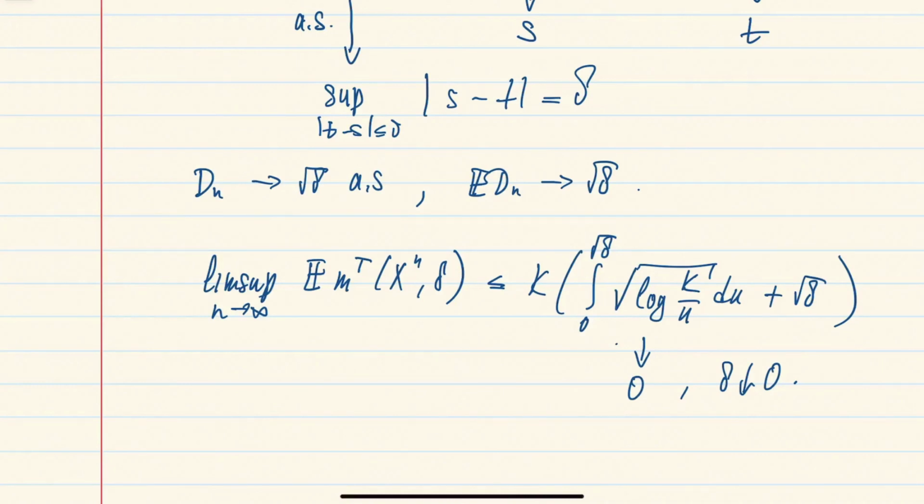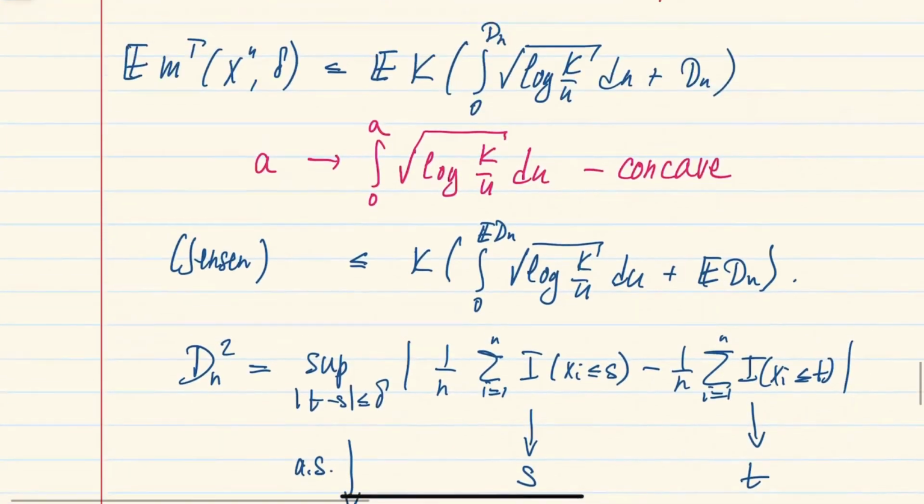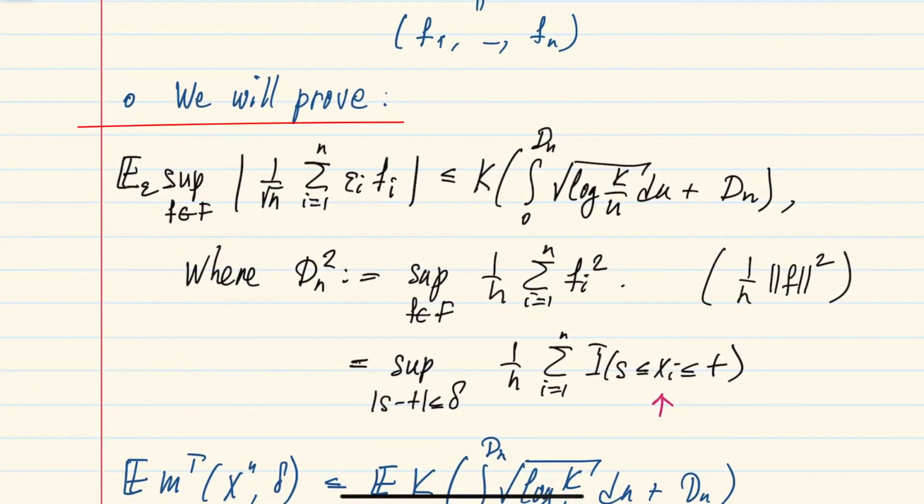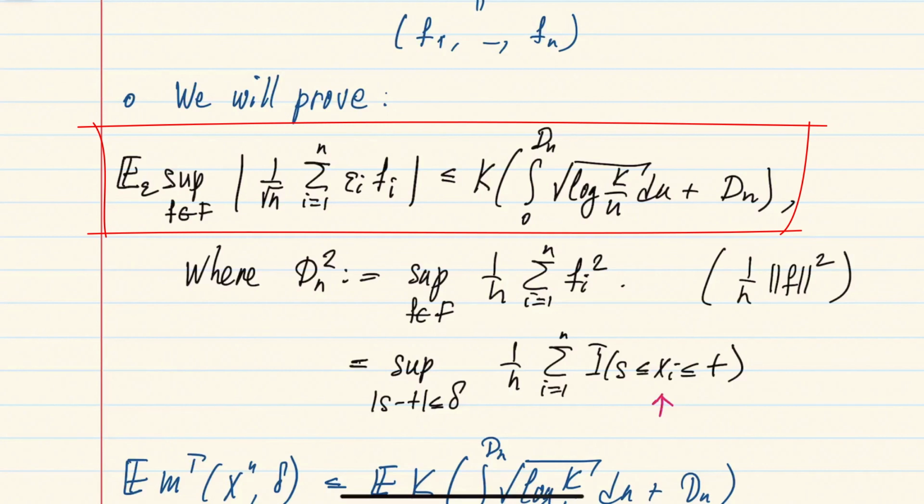And so as a result, this finishes the proof of the main result of this section, if we can show the control above, if we can show this inequality. In the second part we will prove a more general result for these Rademacher processes, and then we'll see that for the particular case of functions that we are interested in, these indicators, it reduces to the inequality above.